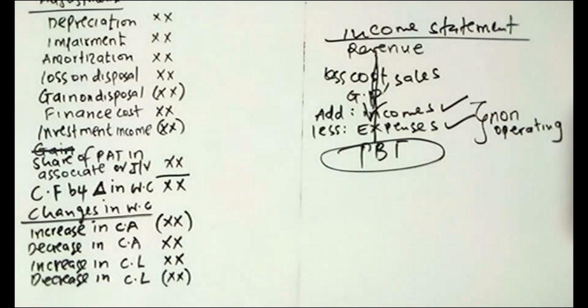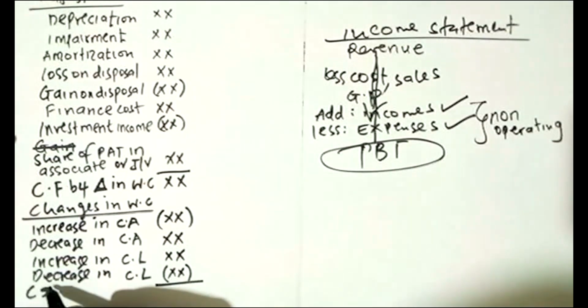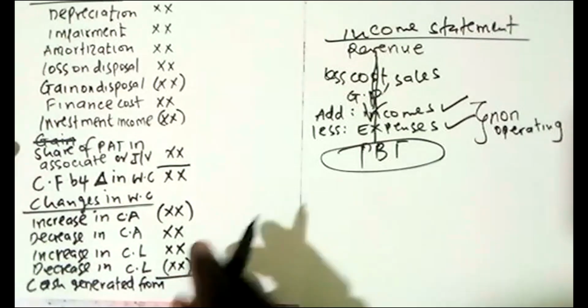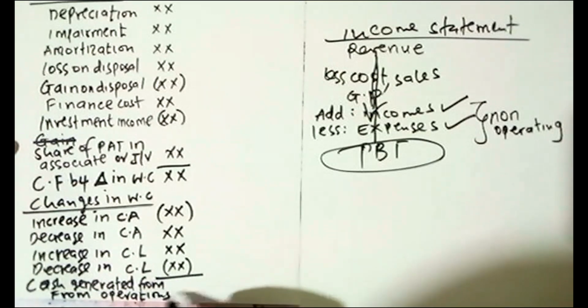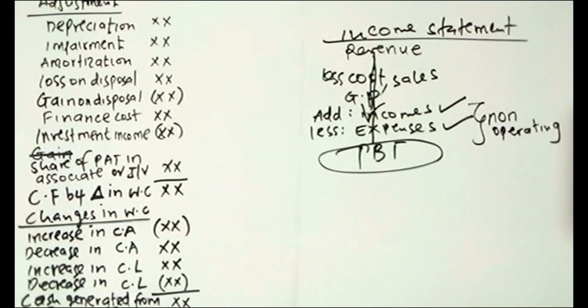With an increase in liabilities, you have acquired, like now, loans, this money in, you add. So up to that point, we have cash generated from operations.